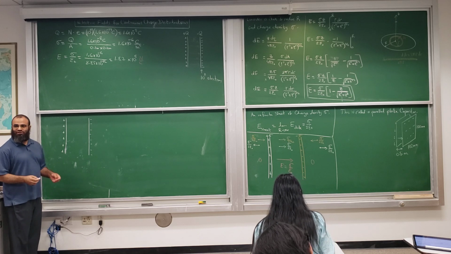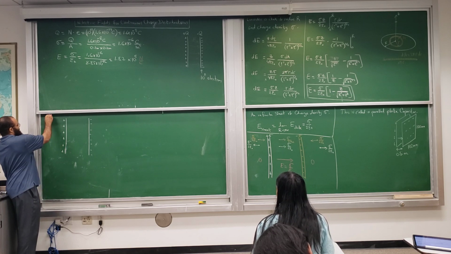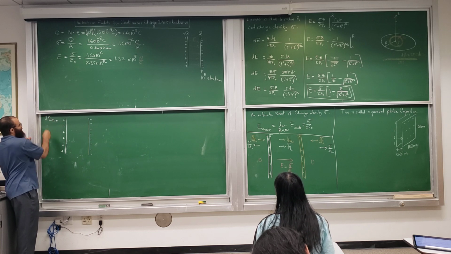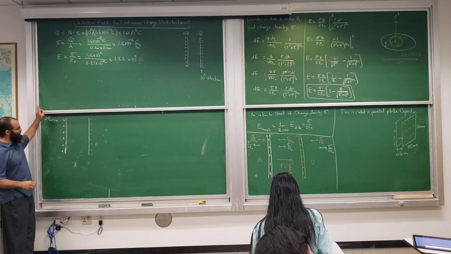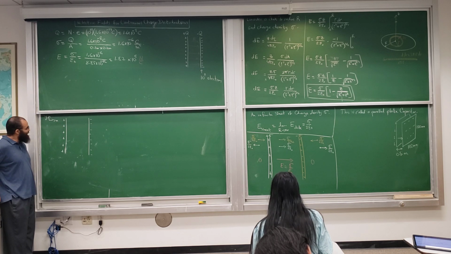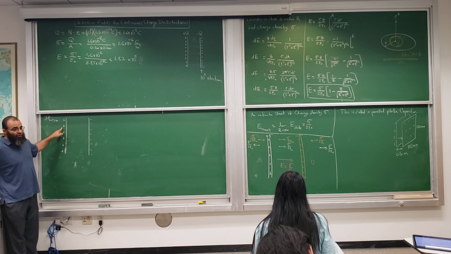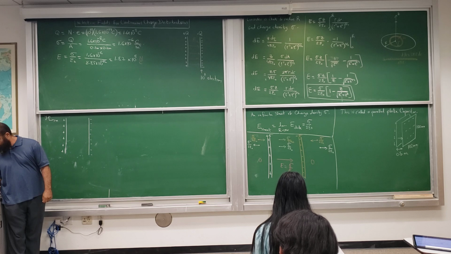Whenever you do mechanics or Newton's laws, here is x, here is y. We always choose our coordinate system so we know what we're talking about. X is this way, y is that way. And of course the electric field will point from plus to minus, so it is in this direction.